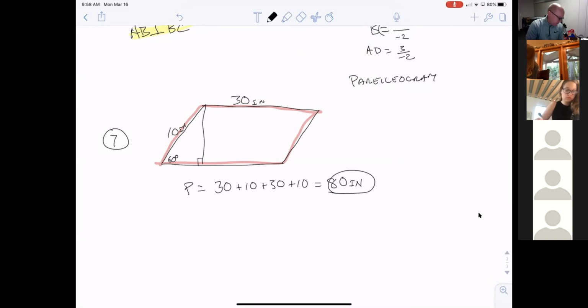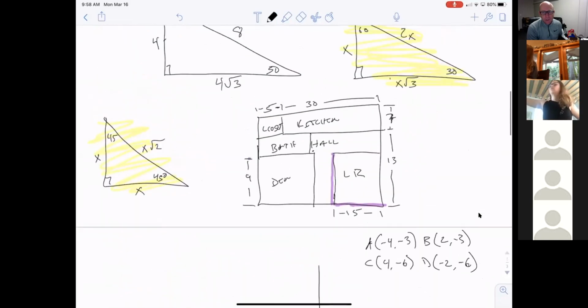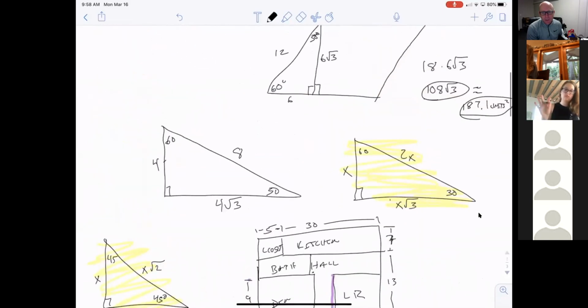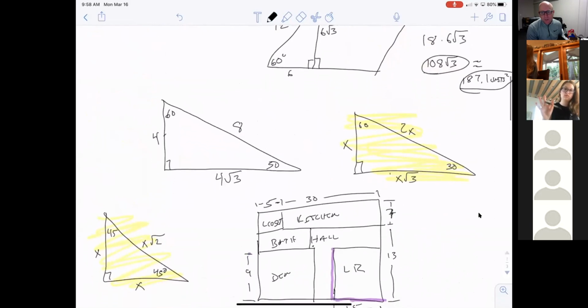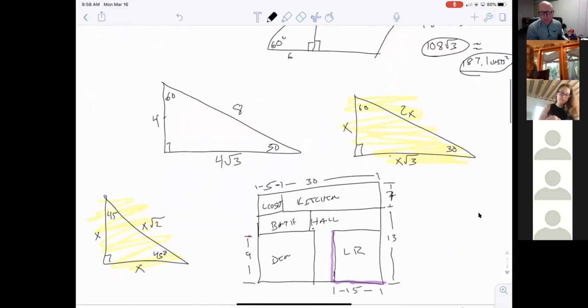Okay. The next part says find the area. Well, I need to know the length of this segment. If I'm going to find the area, I've got to know how tall this thing is. So this is a 30, 60, 90 triangle. So I'm going to have to go back up here and look, if you don't remember what that is. There's my 30, 60, 90 right triangle on the right. It says the side opposite the 30-degree angle, the hypotenuse is twice that.